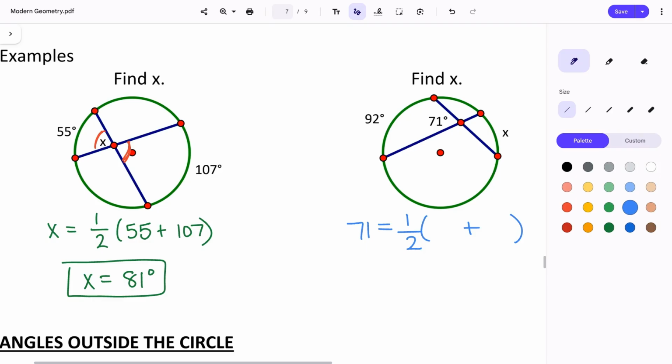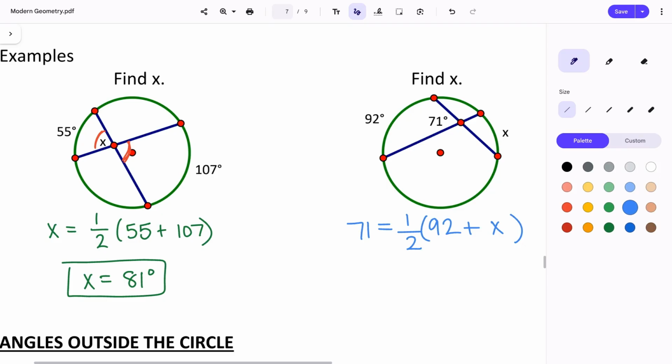What does it look like for this one? 92 and the X, right? So all I did there was look at the first setup, and I modeled this problem off of that. Now you'll notice how my variable is in a different spot, and I don't have X at the beginning. I have 71 at the beginning. So we're going to have to do a little bit more thinking here to get this solved for X.